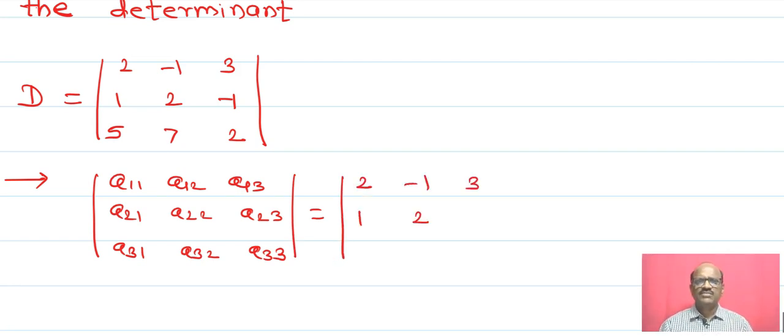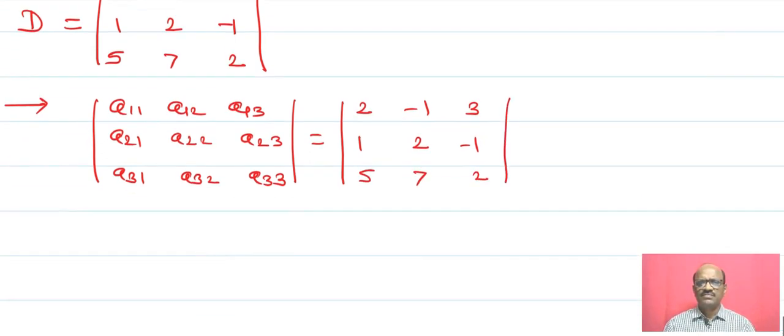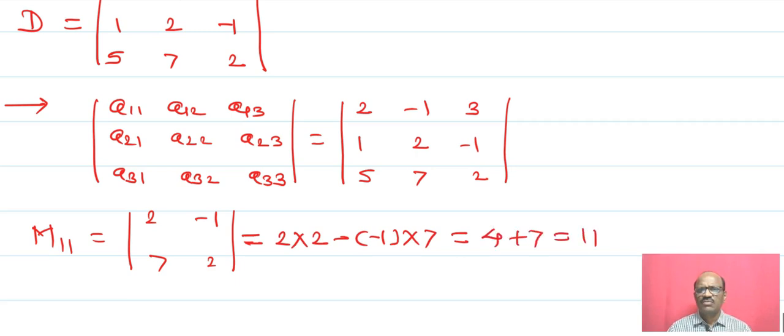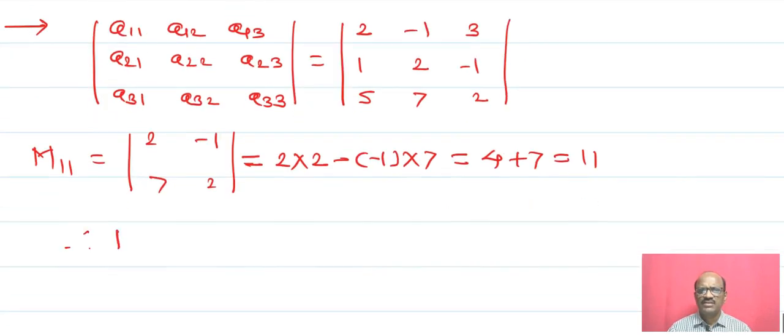That is a 2 minus 1 3, 1 2 minus 1 5 7 2. Therefore M11 that is equals to 2 minus 1 7 2, that is equals to 2 into 2 4, minus in bracket minus 7, that will become plus, that is a 4 plus 7, that is equals to 11. Therefore the M11 is equals to 11.